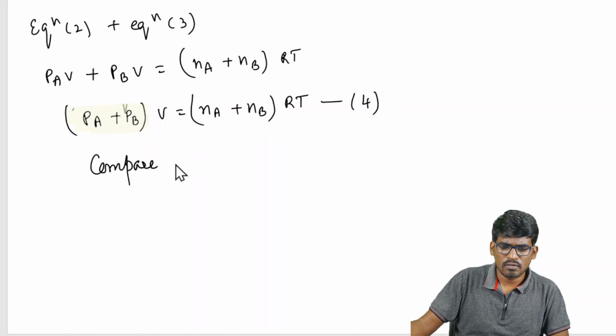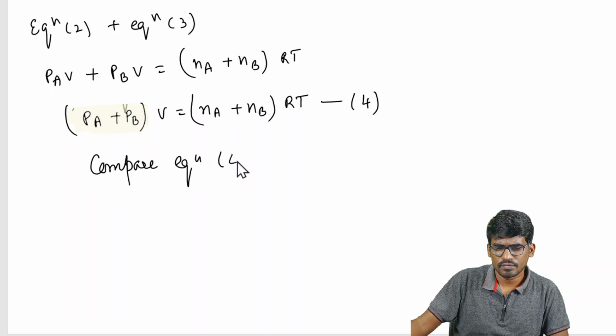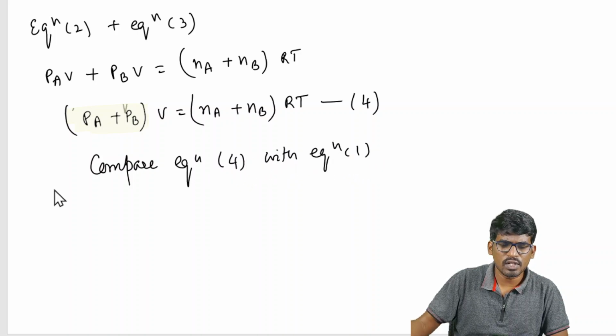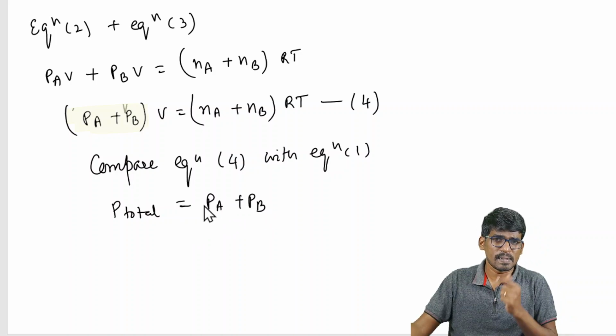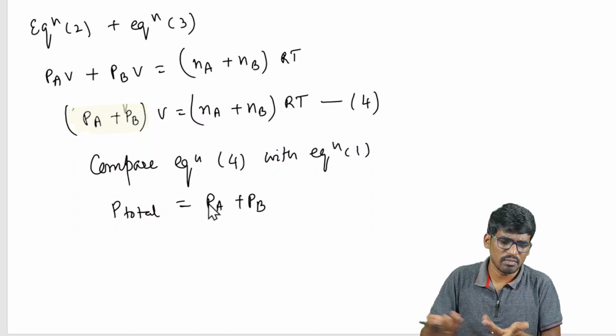Compare equation 4 with equation 1. If you compare, what you get is P total is equal to PA plus PB. But we have taken only two gases. Like that, many gases can be taken.